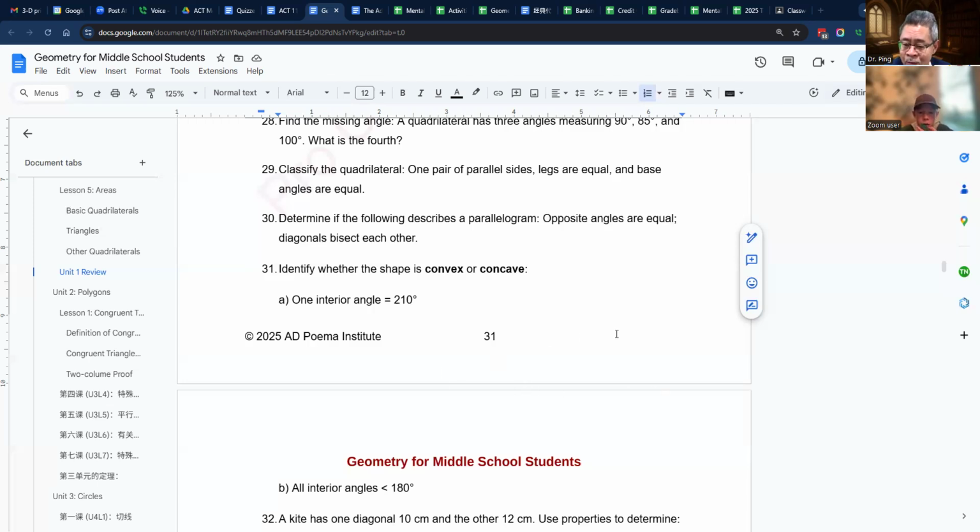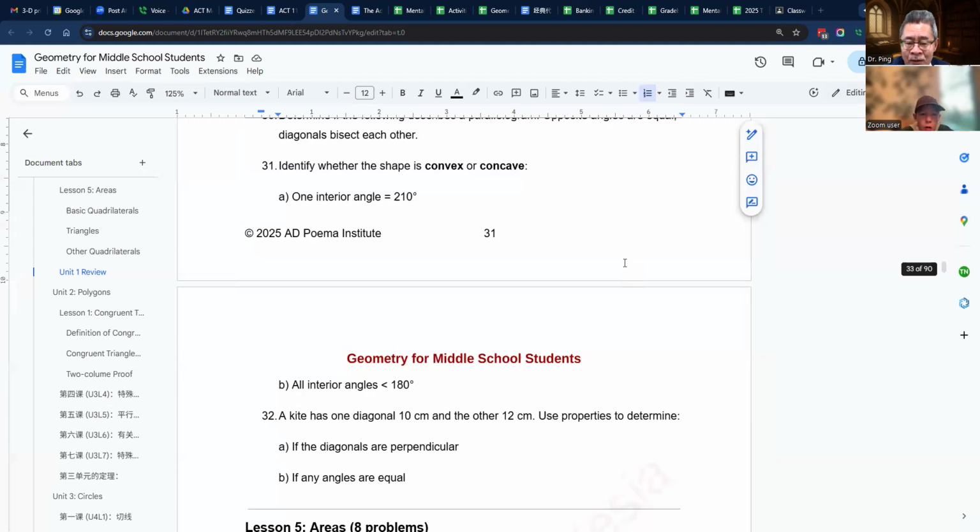What do you mean by that? It is a parallelogram. Very good. 31. Identify whether the following shape is convex or concave.